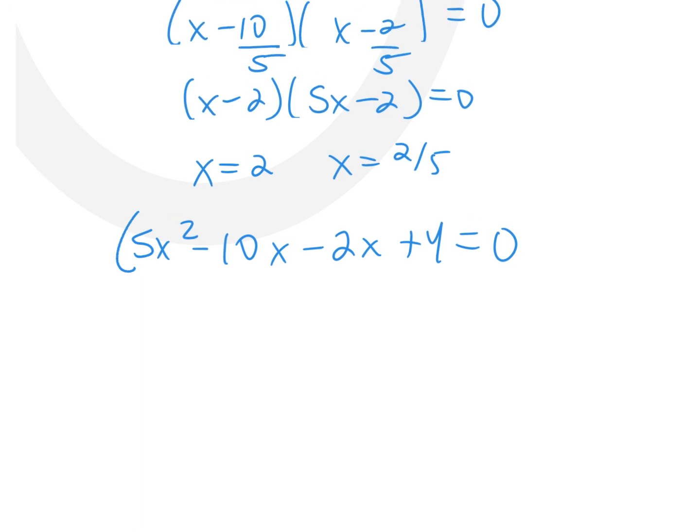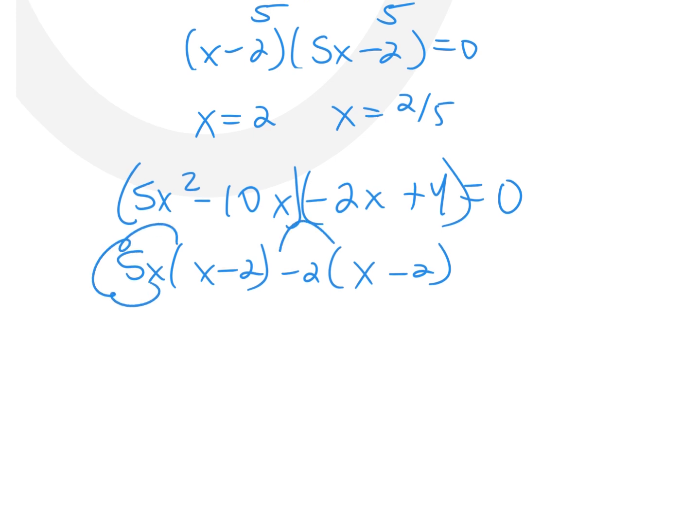But if we do this grouping method, what can I take out of 5x squared and a negative 10? X. 5x. So I take out my 5x and I'm left with x minus 2. What can I take out of negative 2x and a positive 4? Negative 2. Then I'm left with x minus 2.